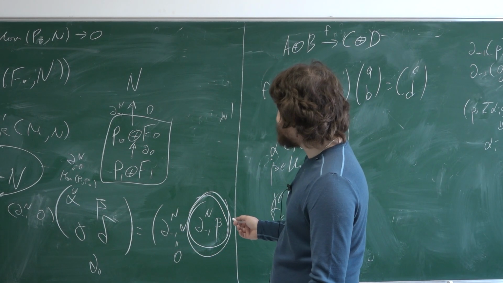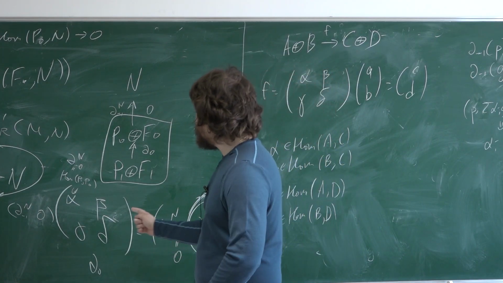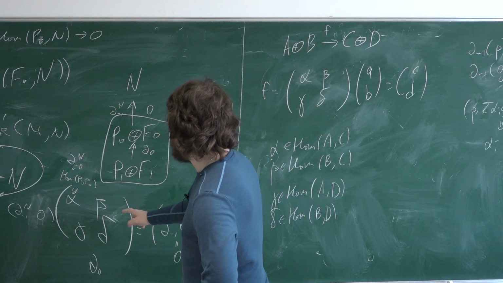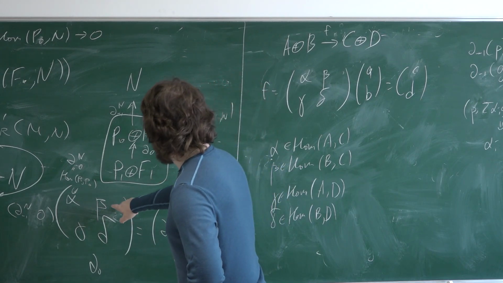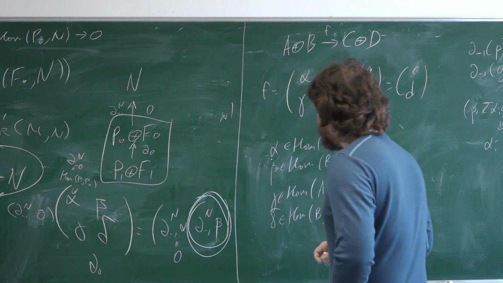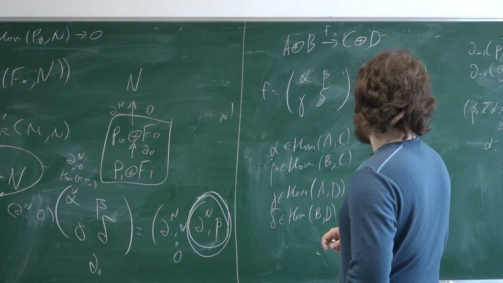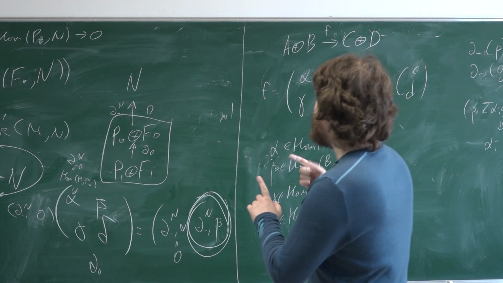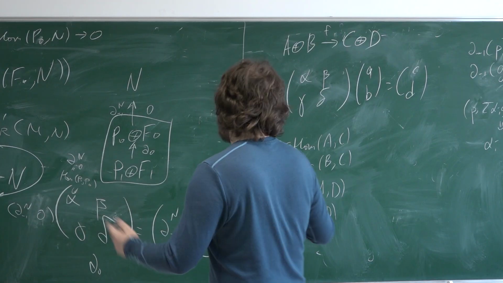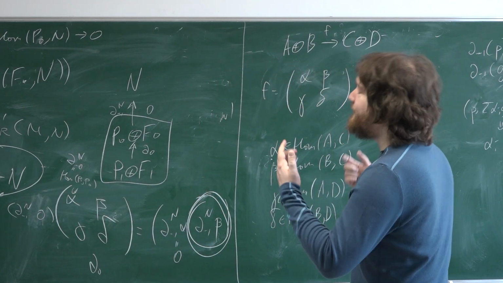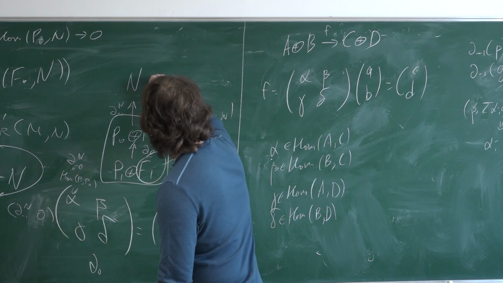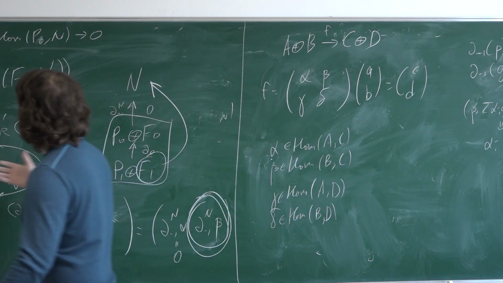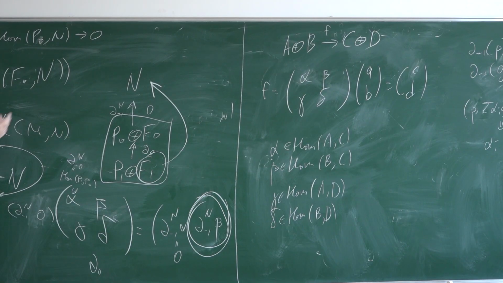So we obtain only one map from F1 to n. We obtain this map, so we obtain some homological class.